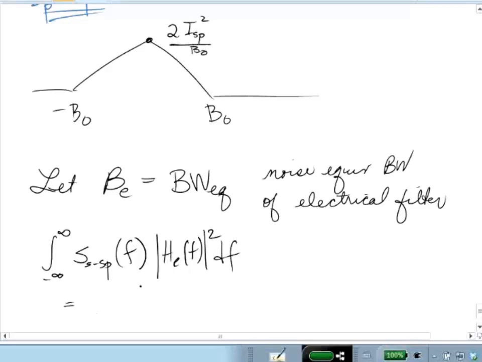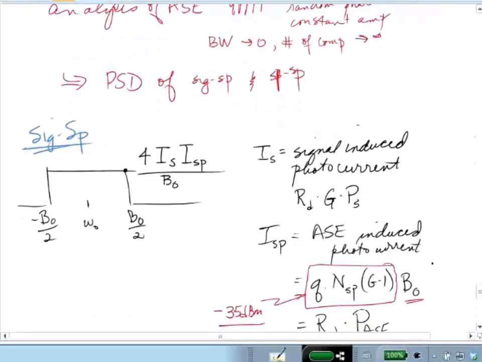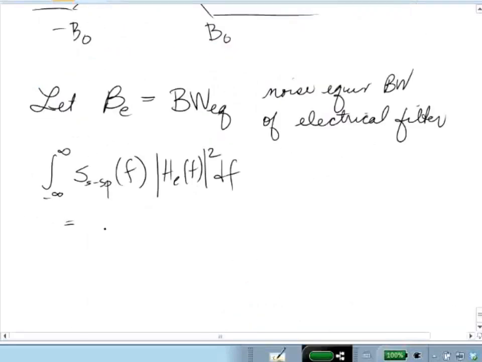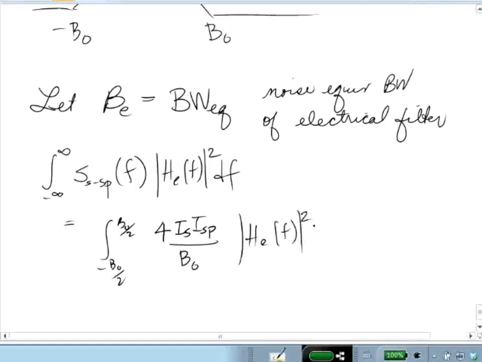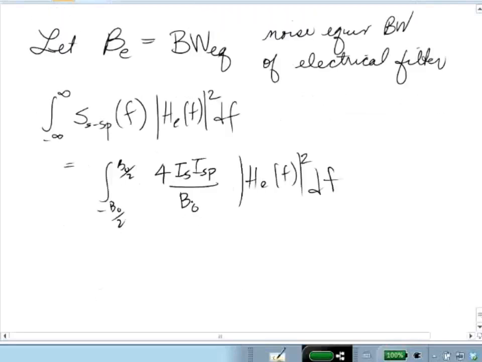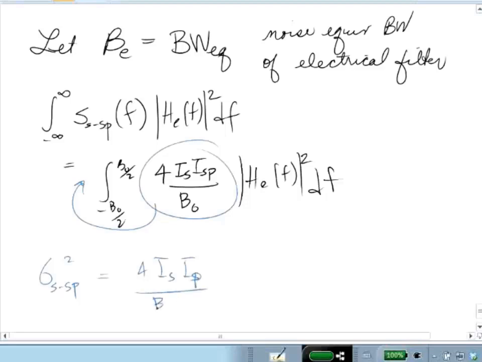Now I plug in the square filter shape that I have for the signal spontaneous, and what I get is the integral from minus B0 over 2 to B0 over 2 of ISP, B0, and |HE(f)|² df. These are constants, so the constant terms can be brought outside the integral, and what I'm left with is that the signal spontaneous variance squared is equal to 4 ISP over B0.